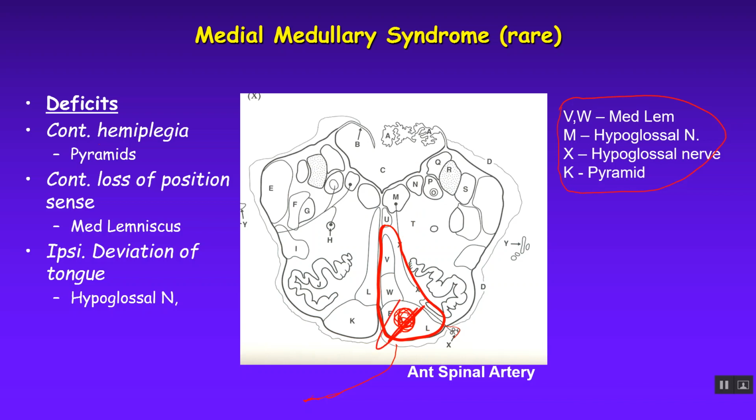You're also going to get contralateral loss of conscious position sense. This is the medial lemniscus. Remember, the medial lemniscus is oriented in this anterior to posterior direction at this location. So that information crossed over lower, down in the lower medulla, right?